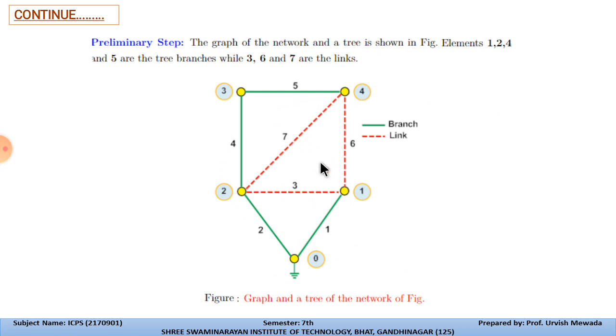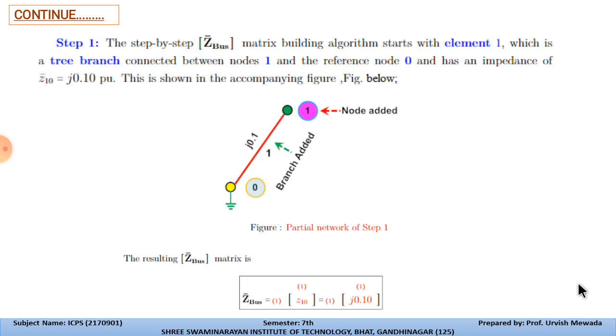First of all, we need to draw the graph of any network to solve it. So this is the graph of the previous diagram. Now step 1: the step-by-step Zbus matrix building algorithm starts with element number 1.